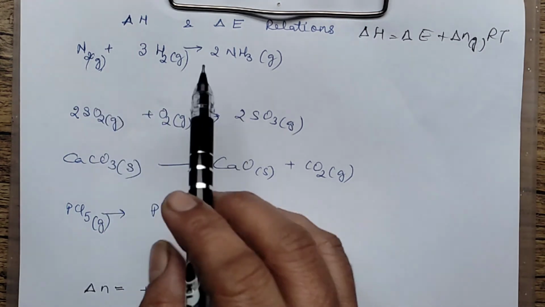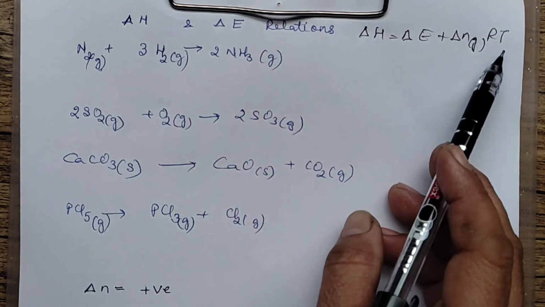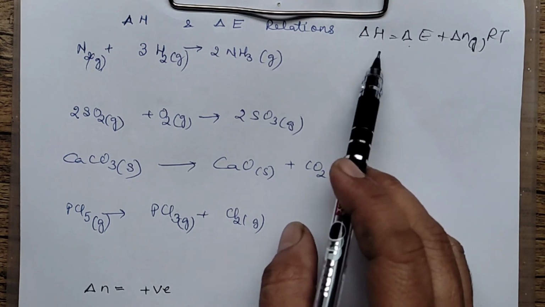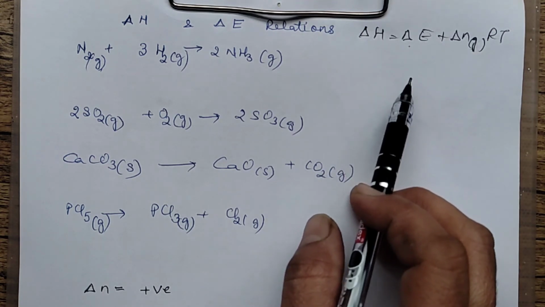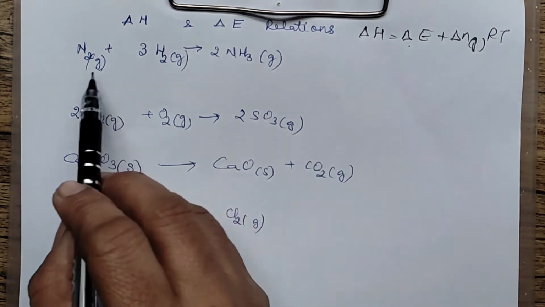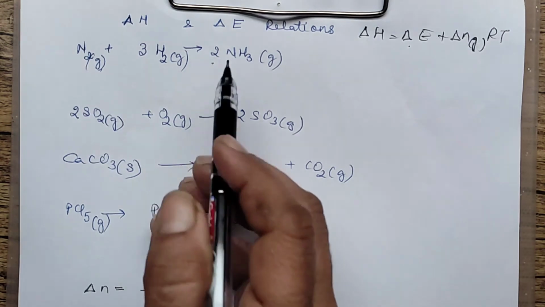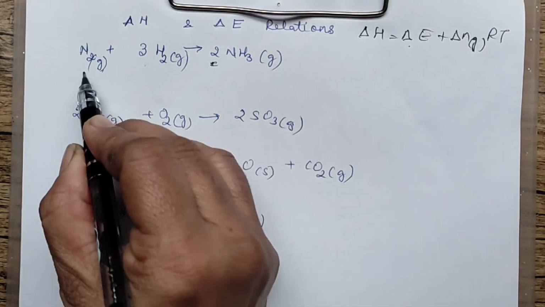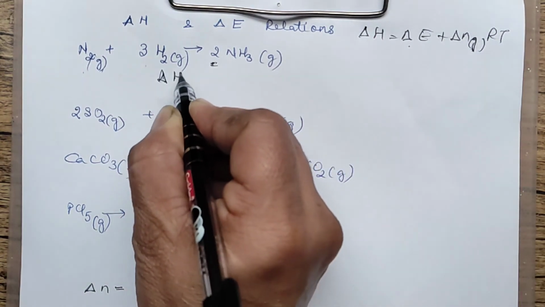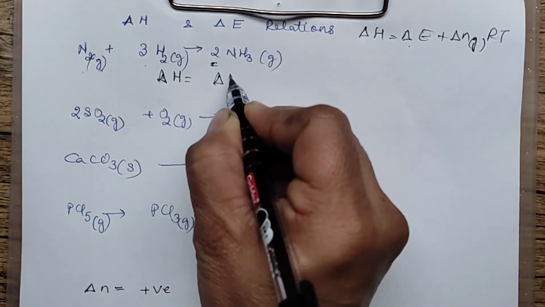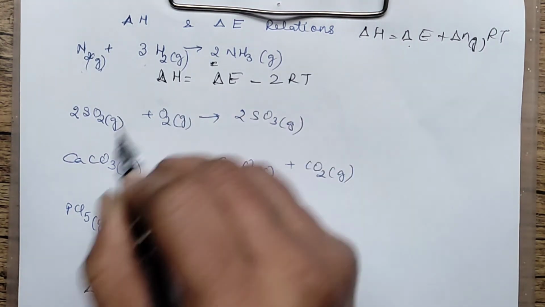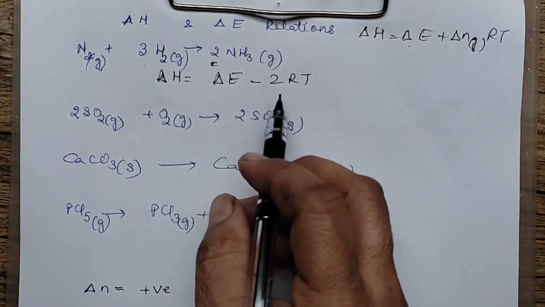So you just calculate the delta n value, check what the temperature is, and the R value will depend on the units you expect for delta H or delta E. In terms of delta n, the moles of products are 2 and the reactants are 4, so delta n is -2. So the relation is delta H is equal to delta E minus 2RT in this case.